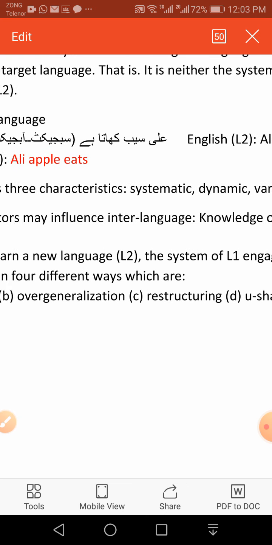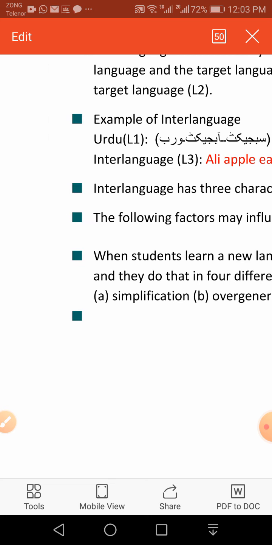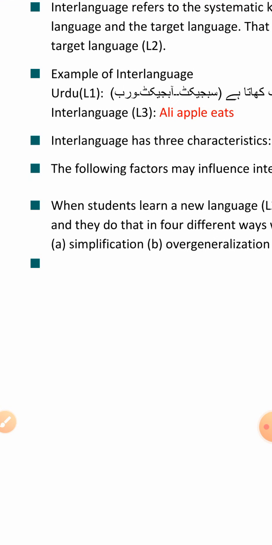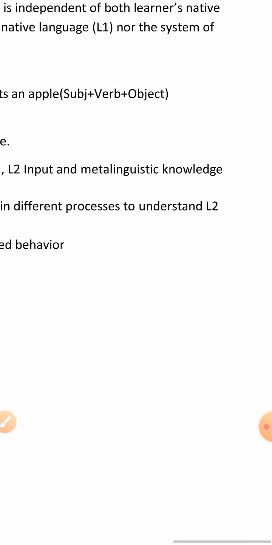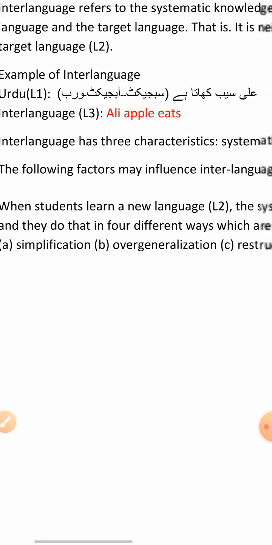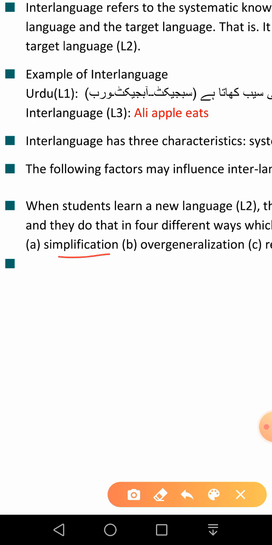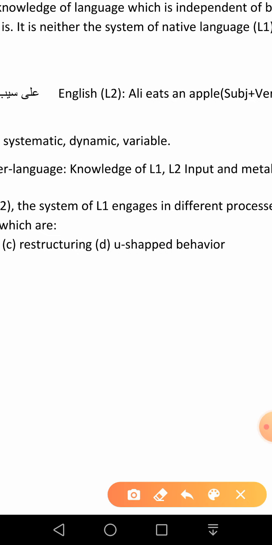So you are preparing a bulleted summary. Usually a summary, a précis, is written in paragraph form, okay. But this is another form of summary known as a bulleted summary, in bulleted form, okay. Now another point which I got from the videos: when students learn a new language, the system of L1 engages in different processes to understand L2, and they do that in 4 different ways, which are simplification, overgeneralization, restructuring, and U-shaped behavior, okay.